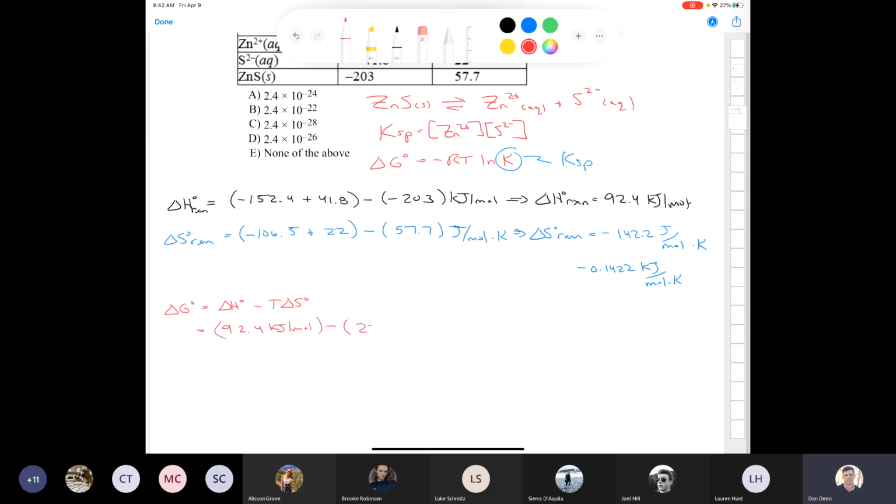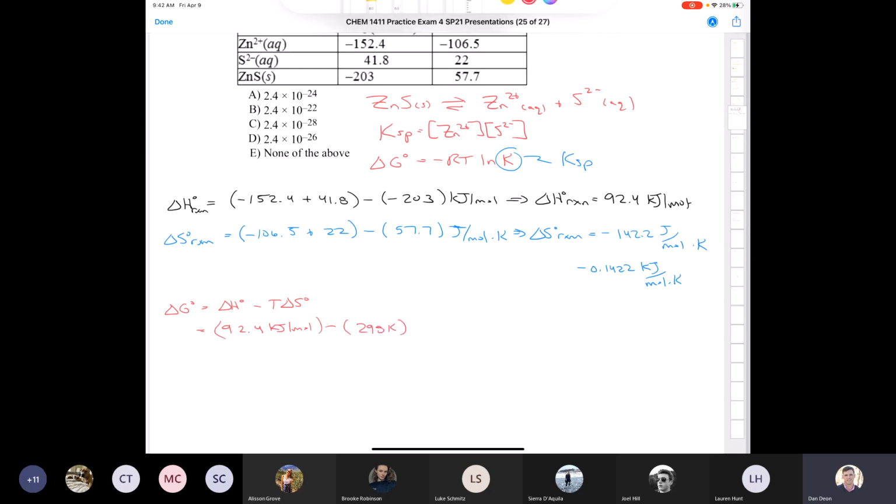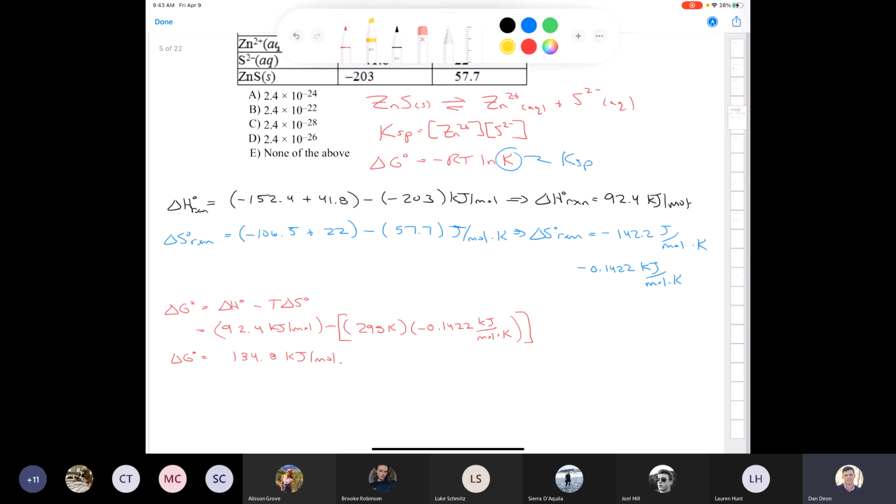I'm at 25 degrees Celsius, which is 298 Kelvin, multiplied by my delta S, which is negative 0.1422 kilojoules per mole Kelvin. Put all that in brackets. And then my delta G naught for my reaction is 134.8 kilojoules per mole.